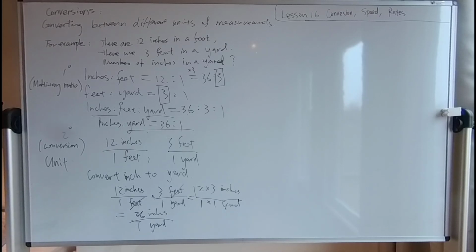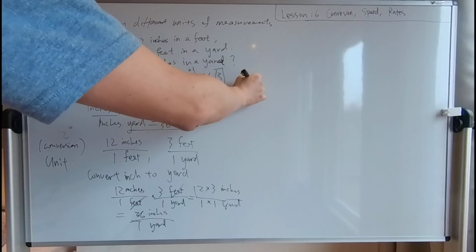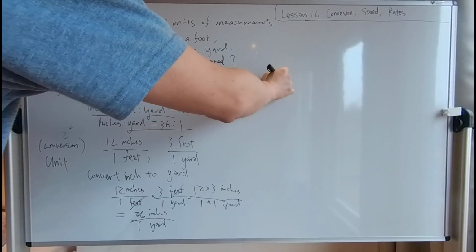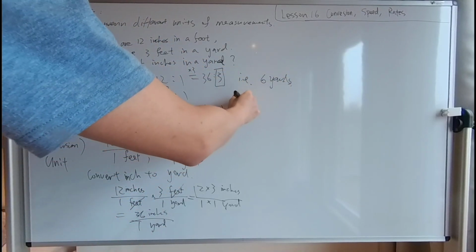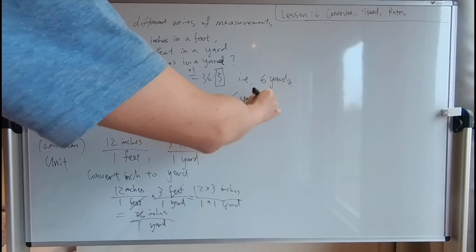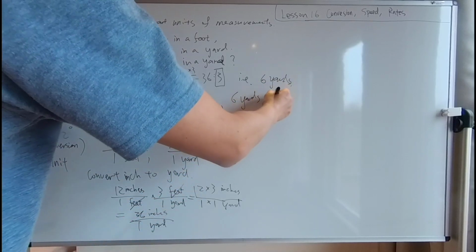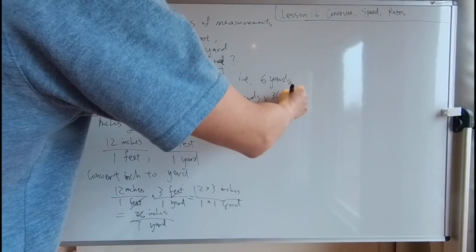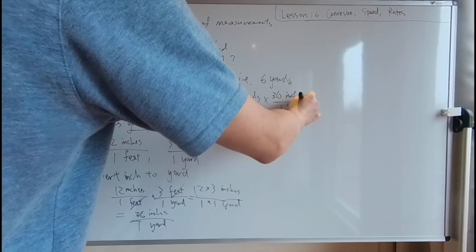So this is the conversion rate, right? So solving an actual question, for example, 6 yards is how many inches? Right? Again, keep the units during the calculation to help you verify if you get the correct result. So 6 yards, if I'm multiplying the conversion rate here, 36 inches over 1 yard is the conversion.